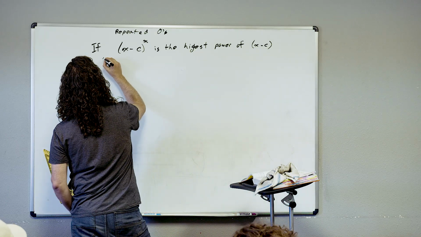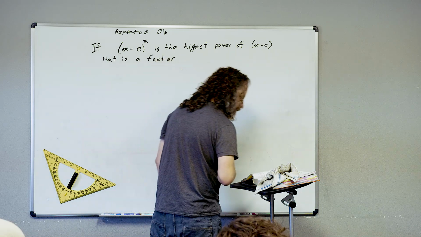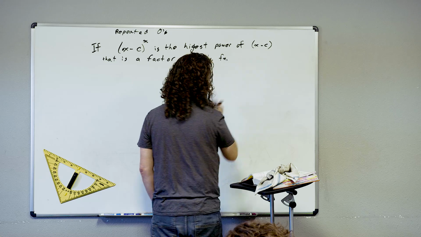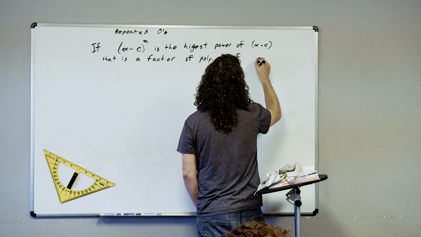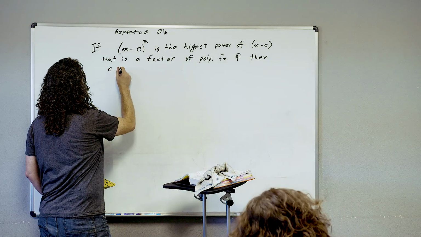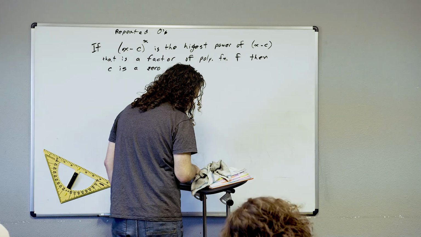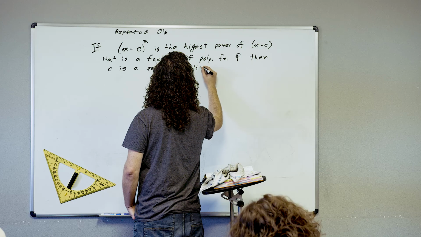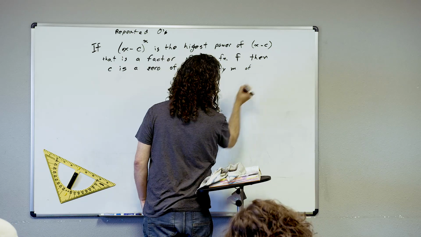If that is a factor of polynomial function f, then c is a zero of multiplicity m of f.